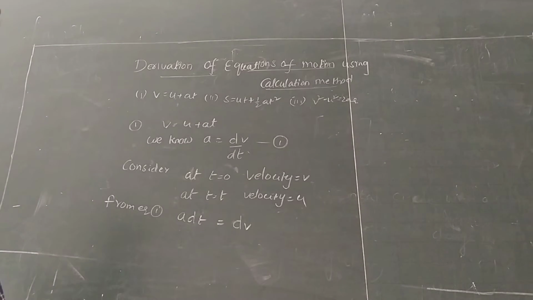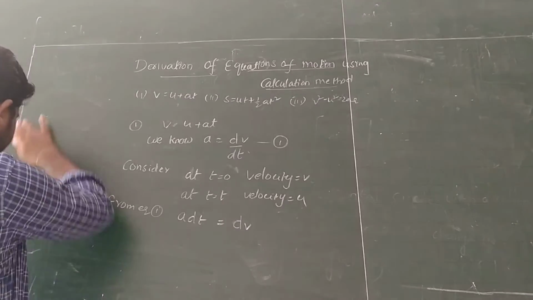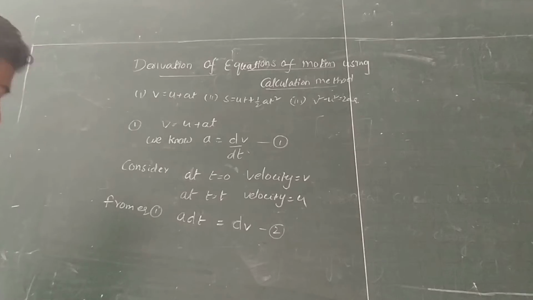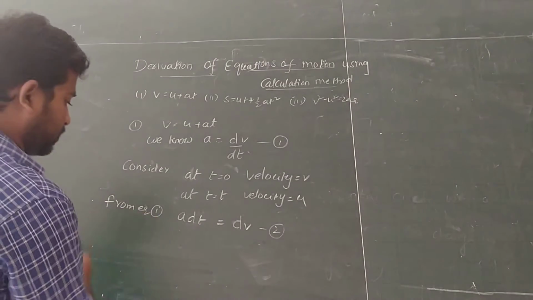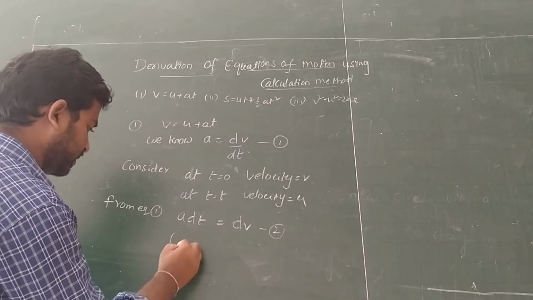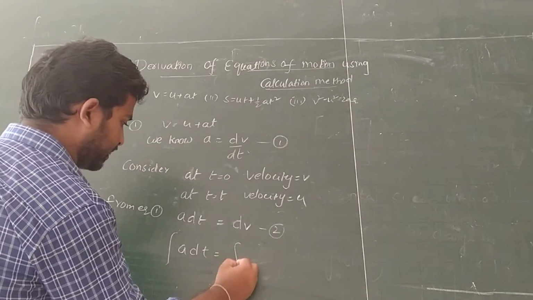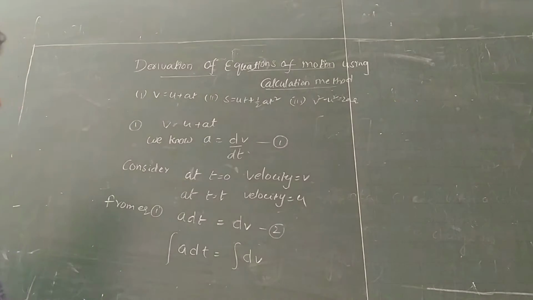So now integration on both sides. It is equation number 2. We can integrate both sides: integration of A dt equals integration of dv, right?